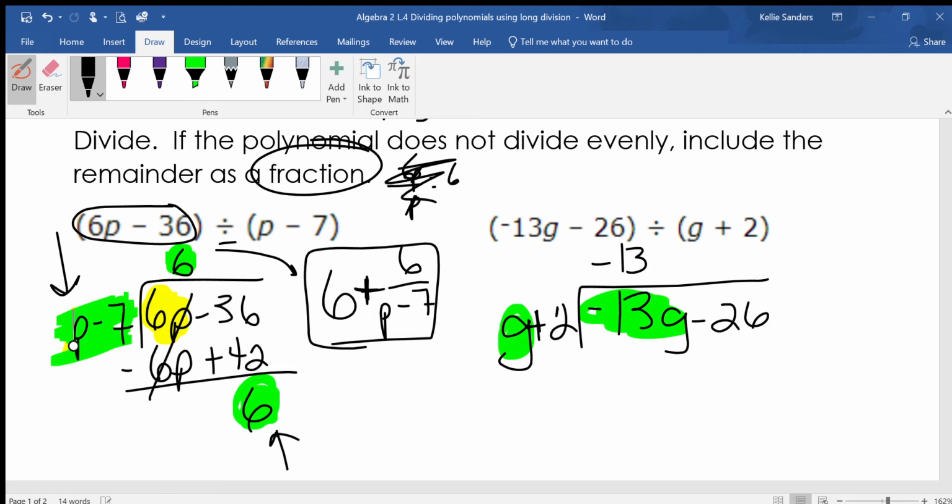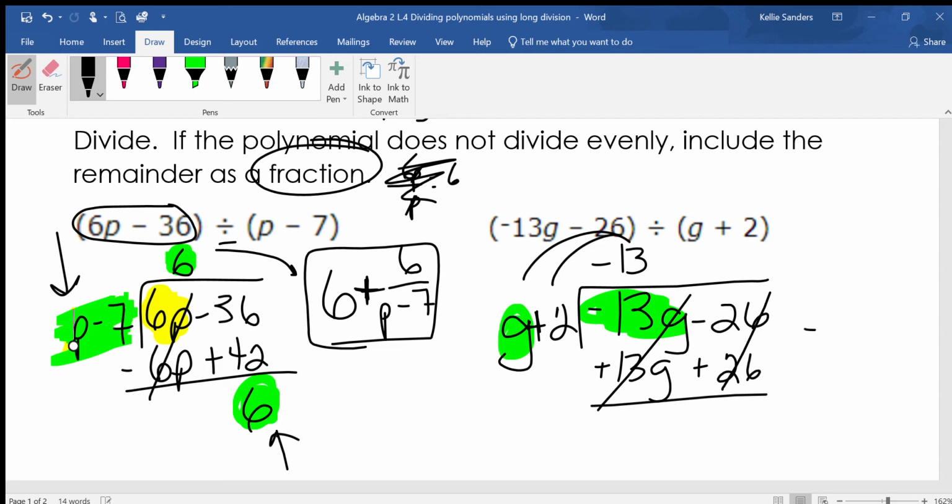Negative 13. Then we multiply the negative 13 by both things on the outside, which is negative 13g, and negative 13 times 2 is negative 26. Then we draw our line and change our signs. Negative 13g and positive 13g go away. Negative 26 and positive 26 go away. We did not have a remainder, so our answer is a pretty negative 13.